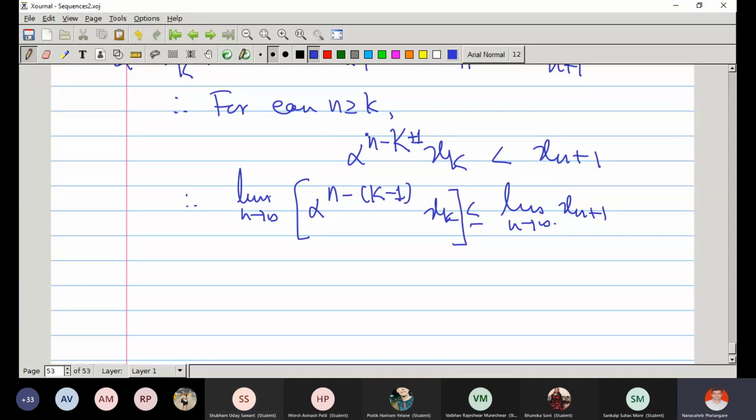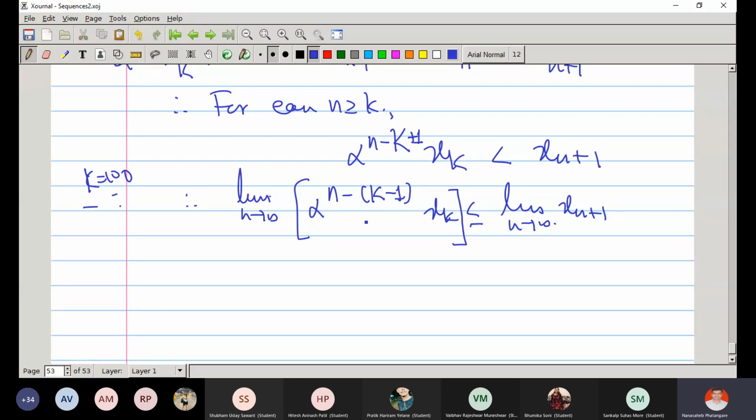This previous inequality is after k. k may be suppose 100, but after 100, this inequality holds. And what we are interested in is the limit, meaning what happens at infinity. So it doesn't matter what k is. After k, this inequality is true, so certainly we can take the limit.